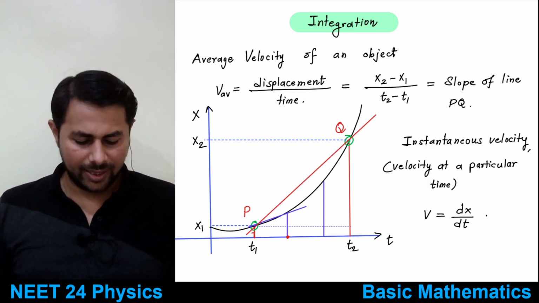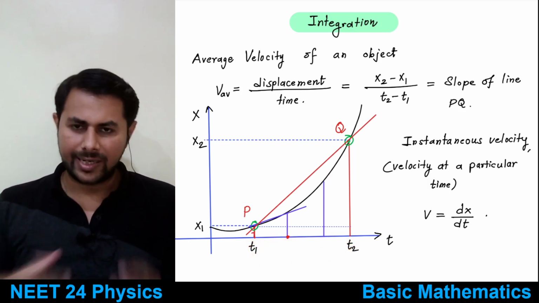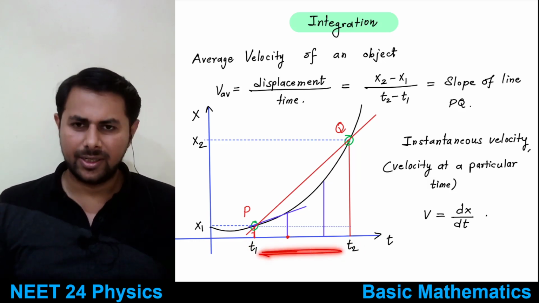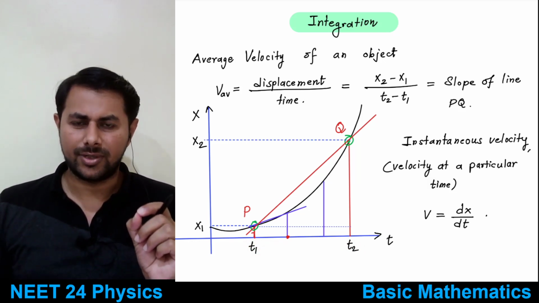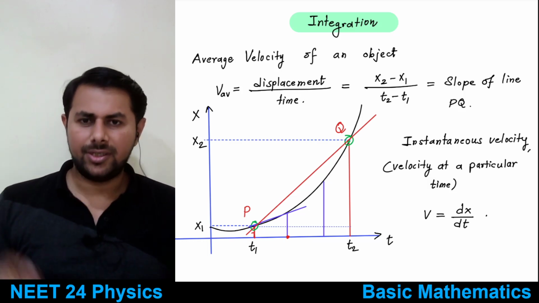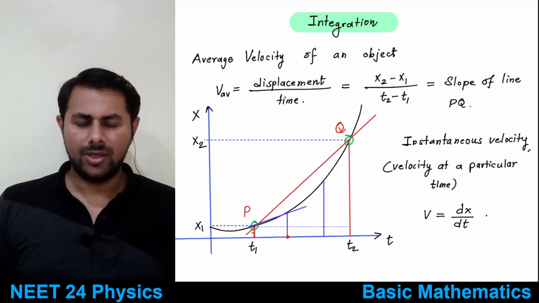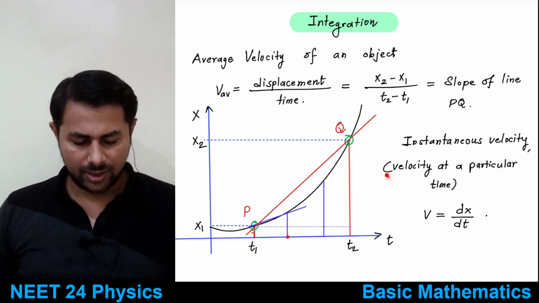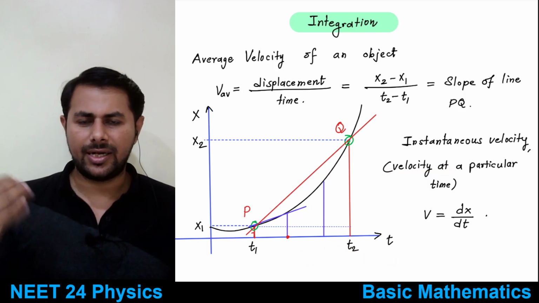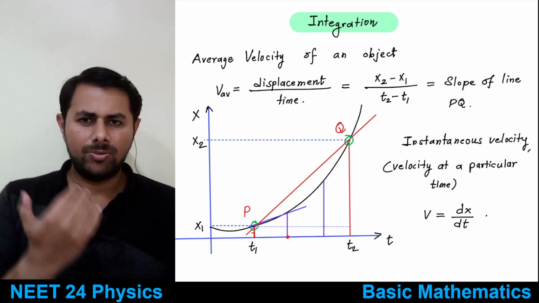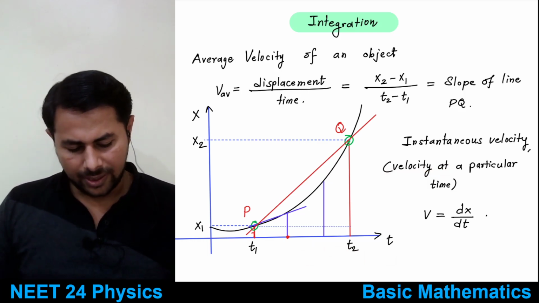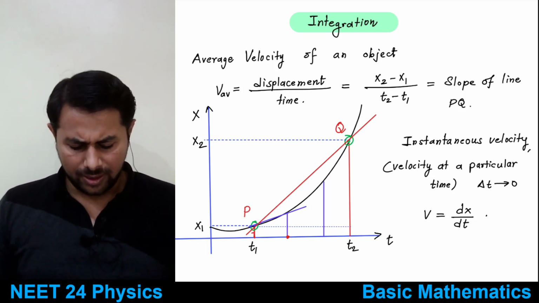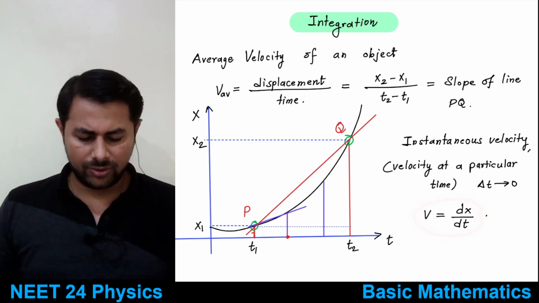And when that line becomes tangential to the curve, what is the time difference? It is almost zero. So instantaneous velocity is the velocity found when delta t tends to 0, and it can be said to be the velocity at a particular time because there is almost no time lag. Delta t tends to 0, time difference tends to 0, and when you do that, what do you get?